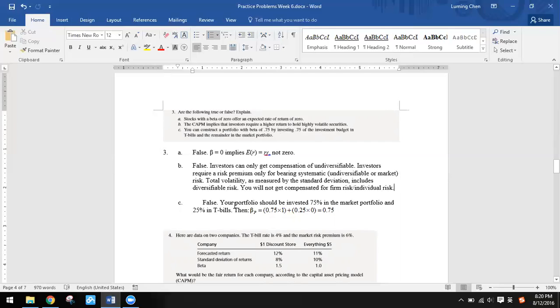So your portfolio should be invested 75% in the market portfolio because the market portfolio has a beta of 1, and 25% in T-bills. The beta of T-bills is equal to 0. Then the beta of your portfolio can be 0.75.